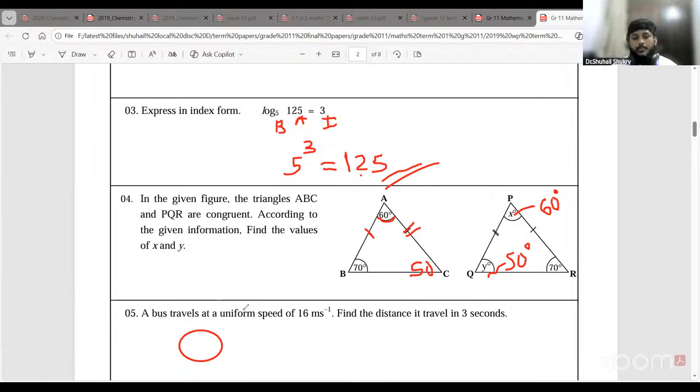Okay, then try. You can try now. I'll give 2 minutes. We'll try the question, and after that we'll discuss. If you get the answer, put the answers in the chat box.